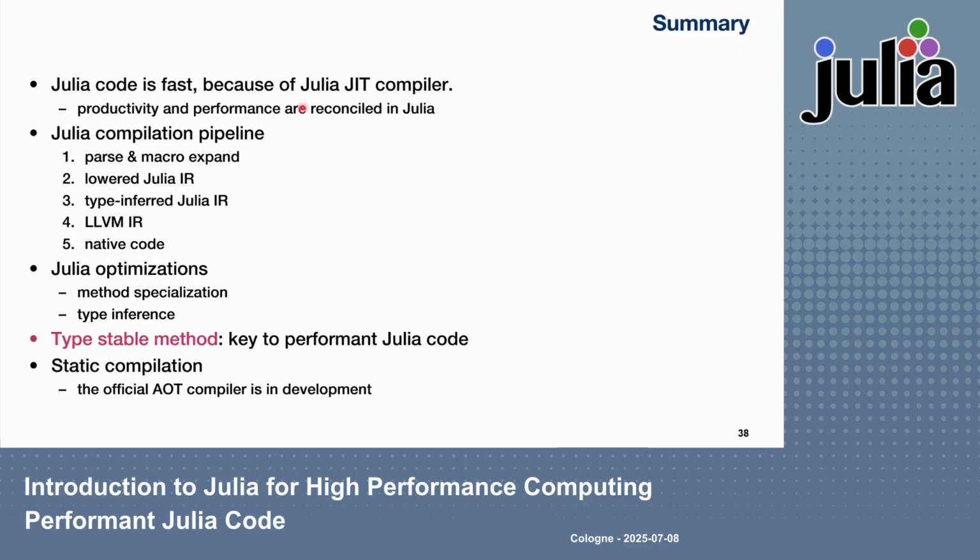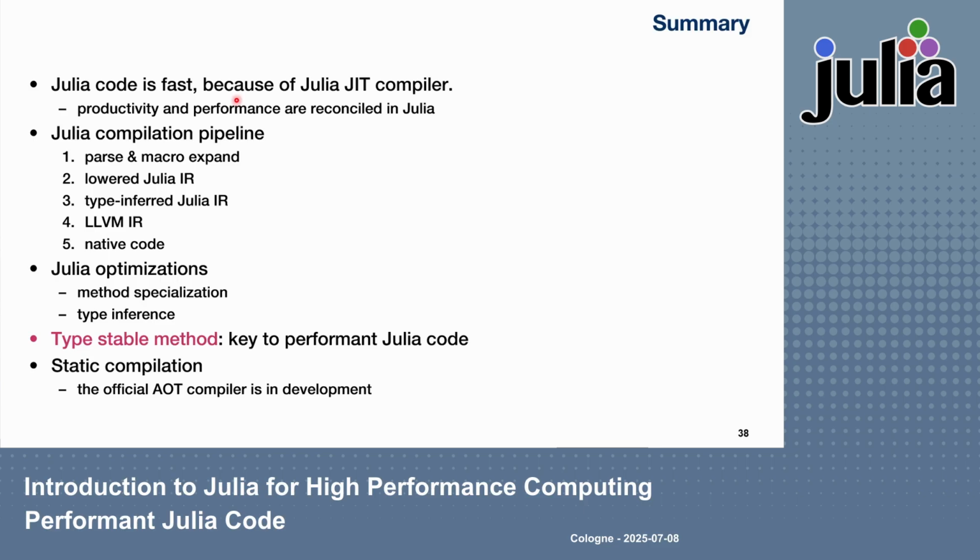And the summary for this part: I hope I convinced you that Julia code is very fast because of Julia's just-in-time compilation, so that you can combine your productivity and performance together, right?